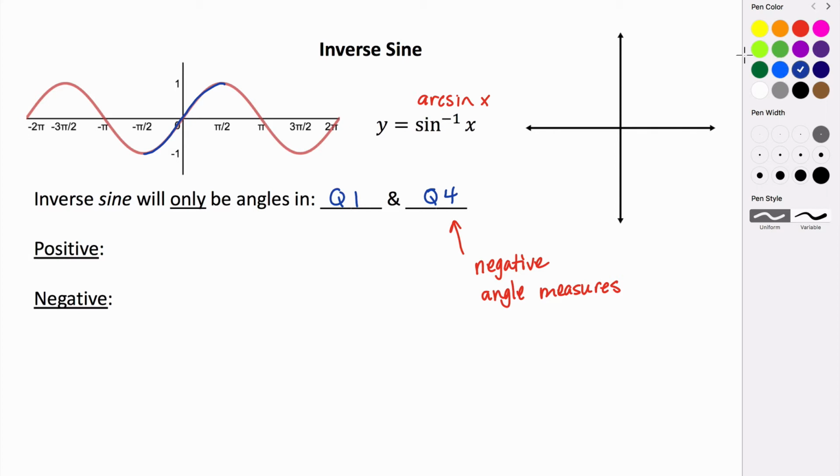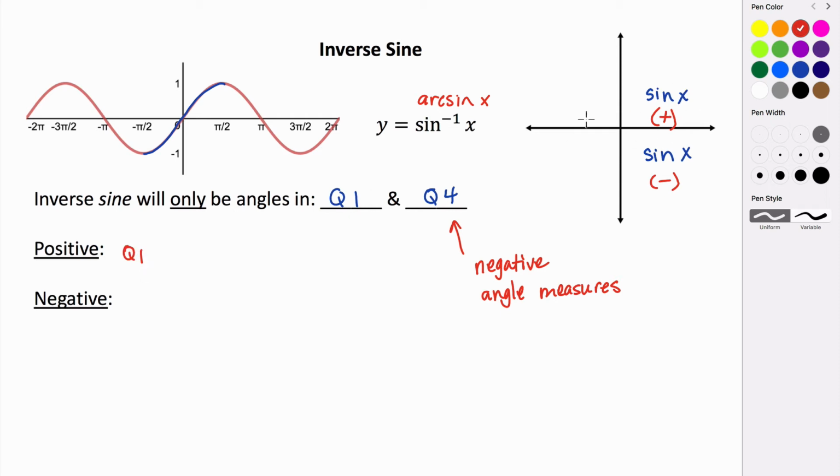So when thinking about the sine function in the first and fourth quadrants, what's true about the angles? Well, in the first quadrant, we know that all of the measures of the sine are positive, and all of the measures for the sine in the fourth quadrant are negative. So when we take the inverse, if we're taking the inverse of a positive measure, that's going to give us an angle in the first quadrant.